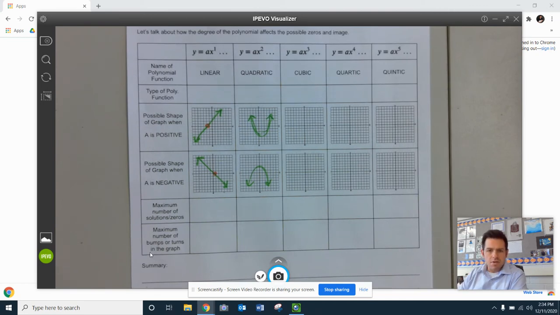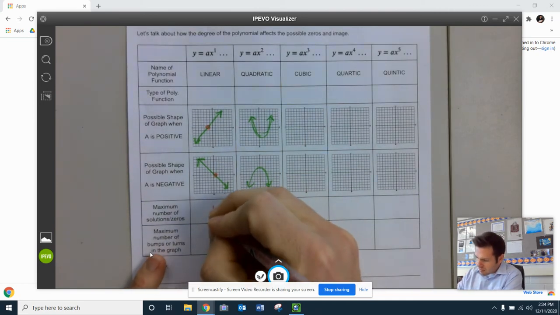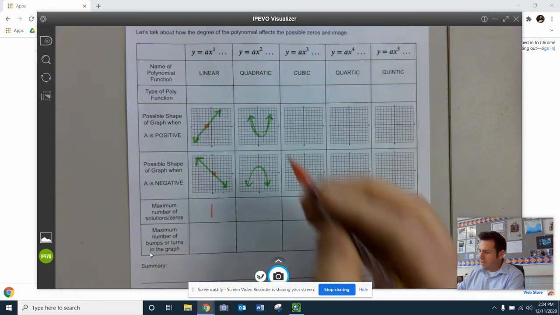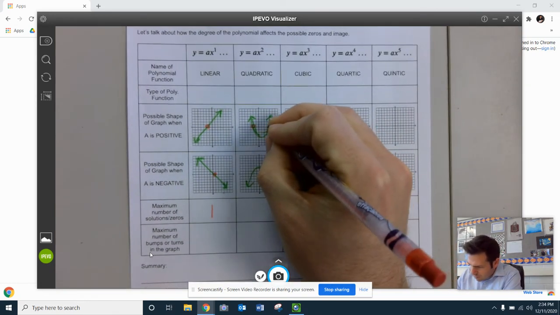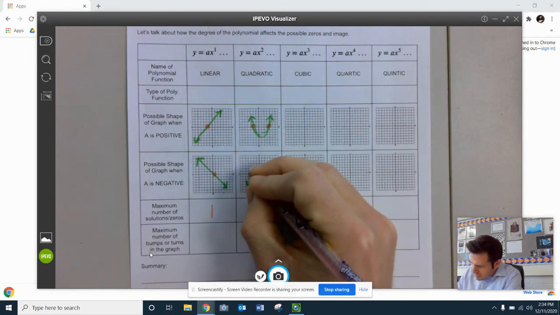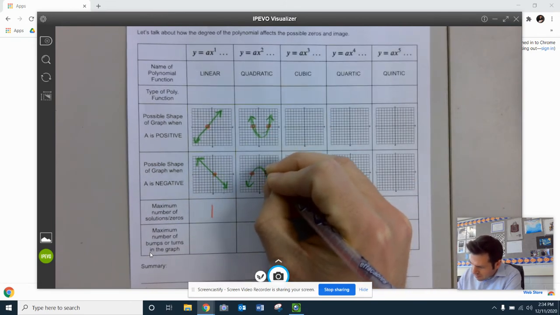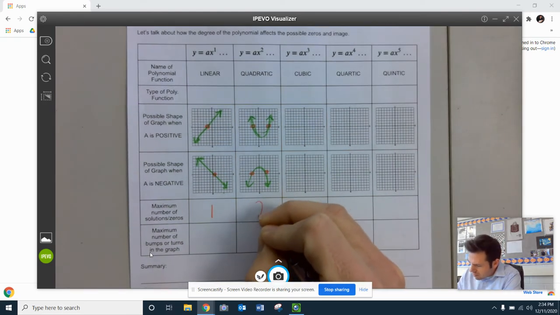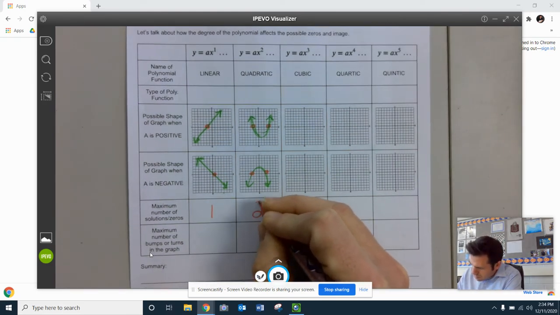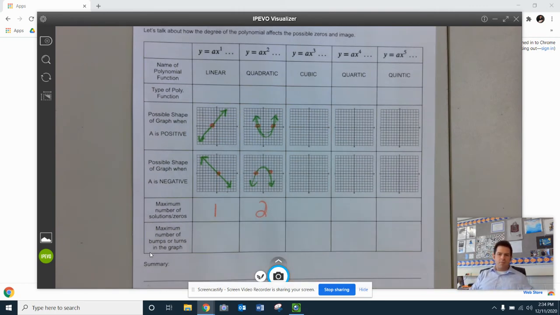The maximum number of solutions or zeros there would be the number 1. Over here, we're looking for when we cross that x-axis. Again, we're looking at maximum situations, so it doesn't necessarily have to be this, but we're looking at maximums. And for each of those pictures, I have 2.